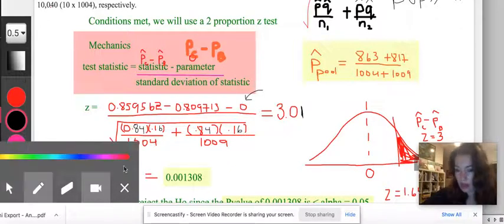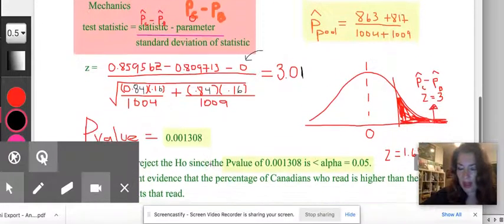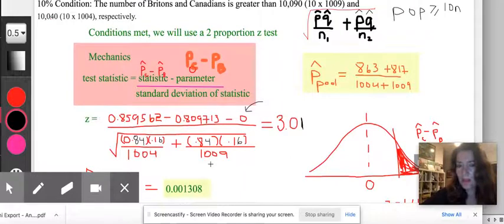Now, the new thing here is the standard deviation. As I mentioned in class, because we are saying there is no difference between the two, we pool the two samples together. In other words, here is my p hat pool. I took the first sample, 863 over 1004, and the second sample, 817 over 1009, and added the numerators and denominators together.